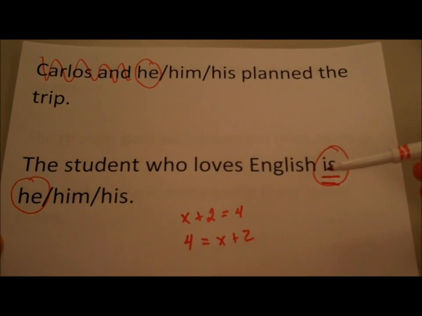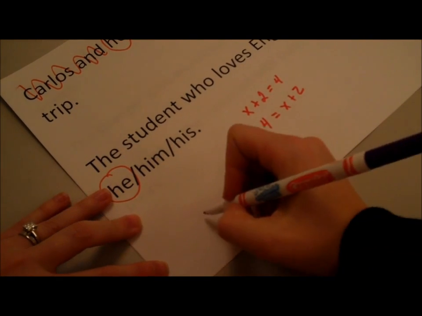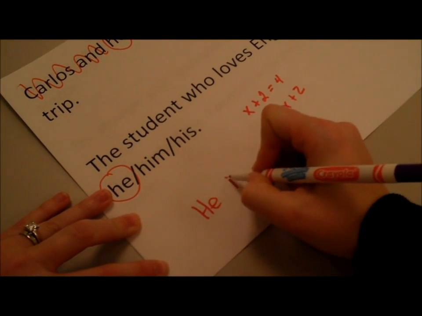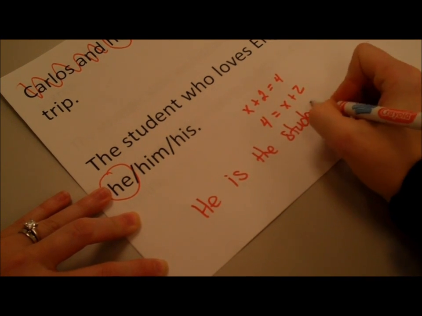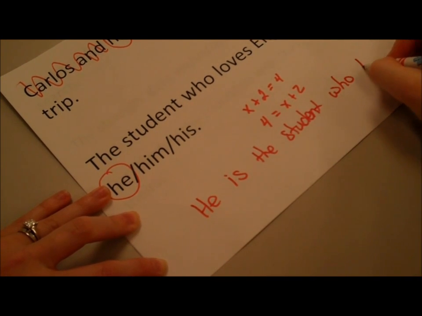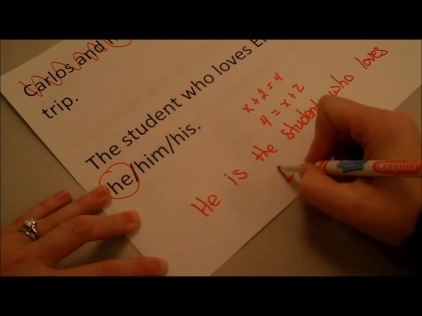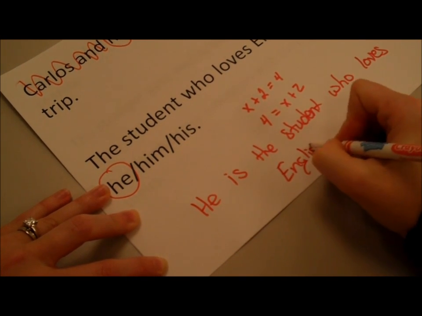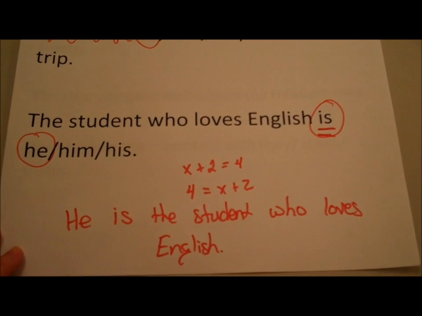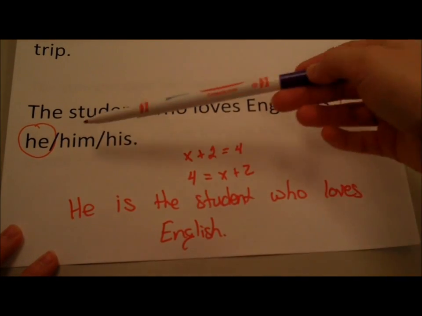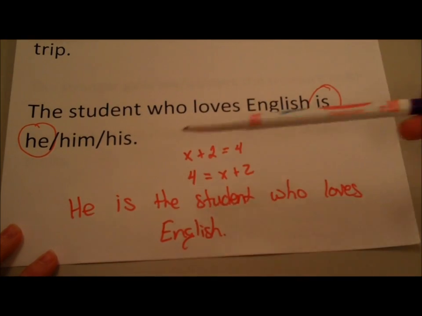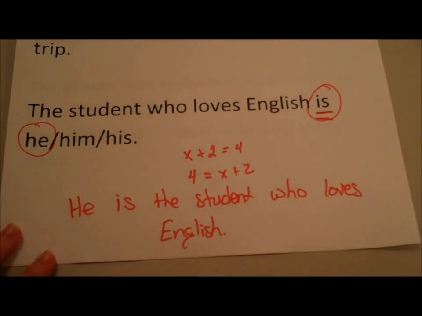So I should be able to flip the sentence. I should be able to say he is the student who loves English. When I flip this, I need to use the same pronoun when the pronoun comes at the end as I would when it comes at the beginning.